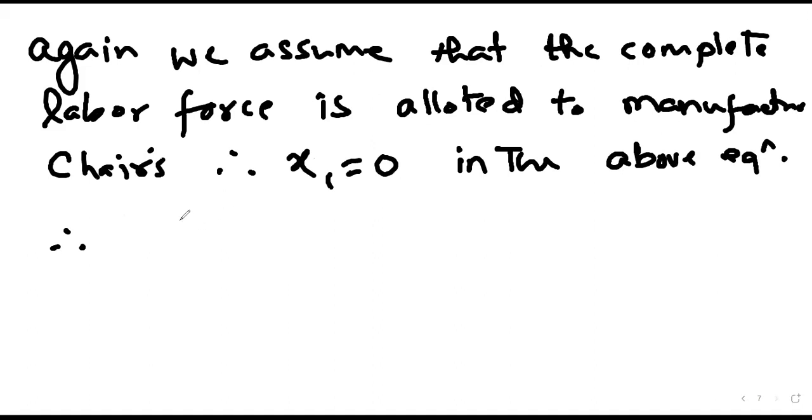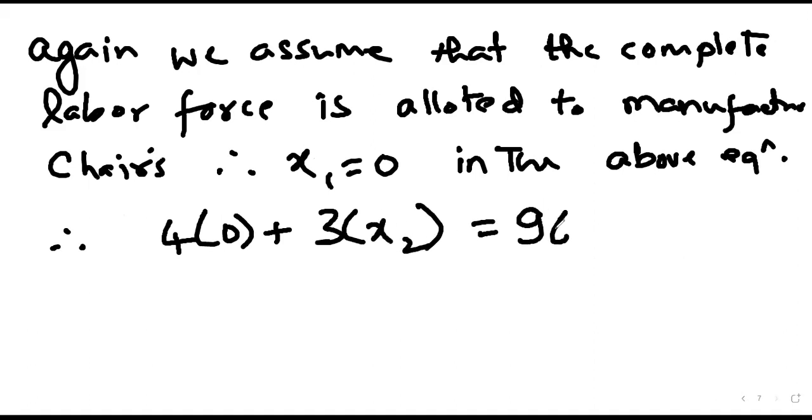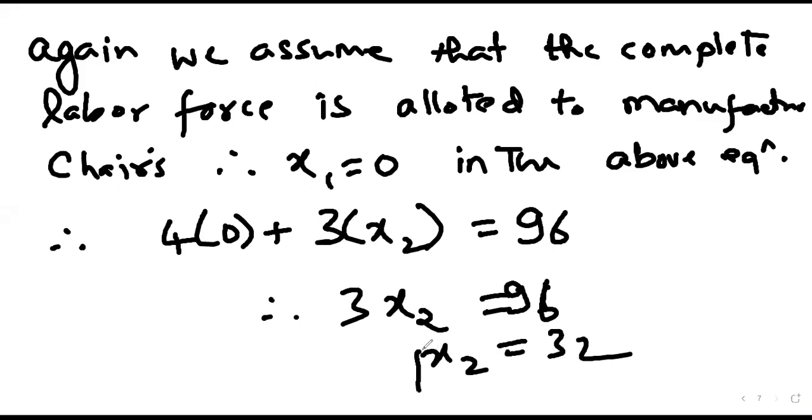Therefore, what will be four into 0? Then what will be the value of x2? 32. Similarly, determine x1 by substituting x2 as 0. 24. Four points have been determined now.